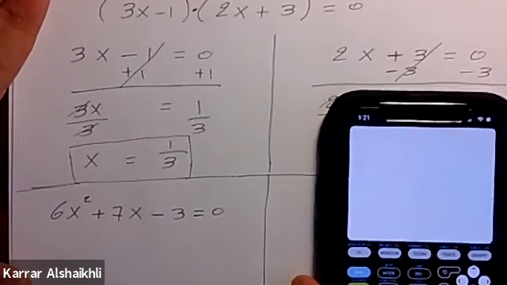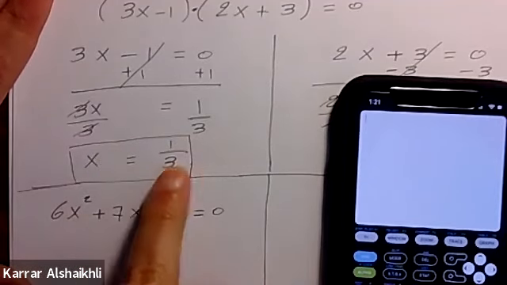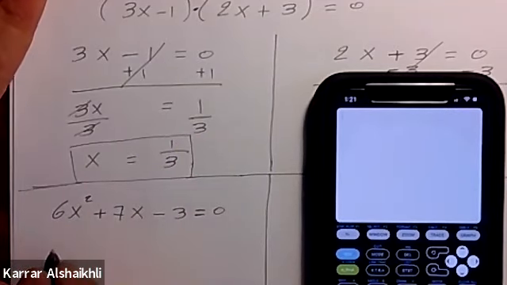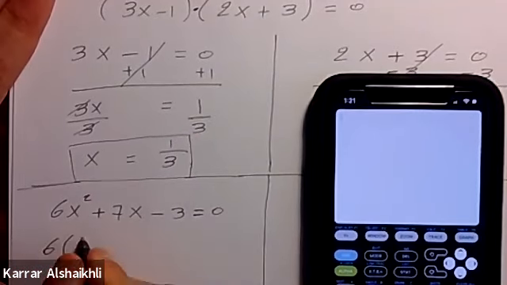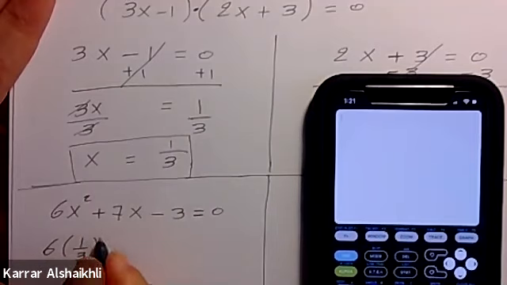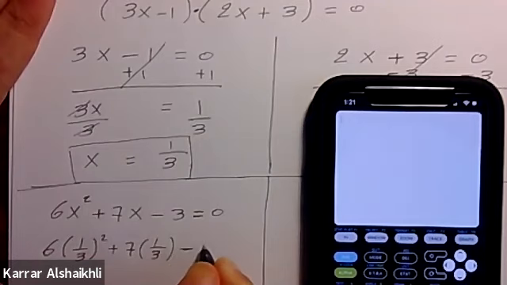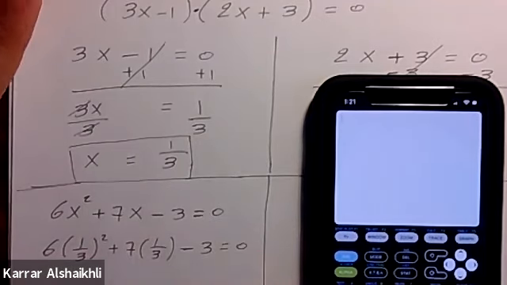So I'm just going to plug in this number, x equals 1/3, here. Let me show you how you're going to plug that in. You're going to do exactly the same thing. 6 parentheses 1/3 squared plus 7 times 1/3 minus 3 is supposed to be equal to 0.